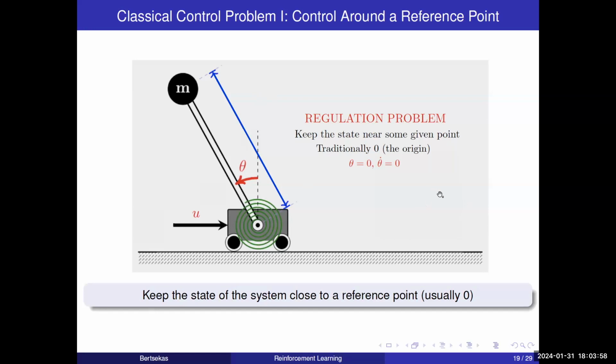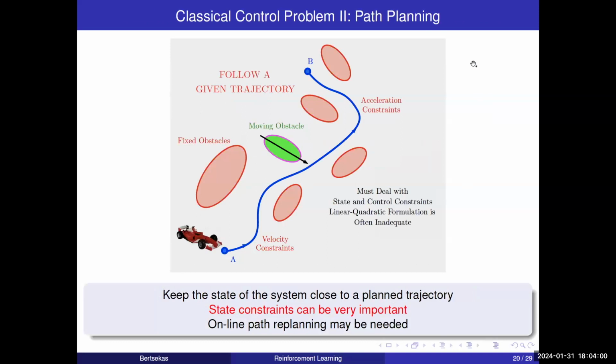The second type of problem is path planning, whereby you want to take a system from some initial state to some final state, along some trajectory, which is given to you.